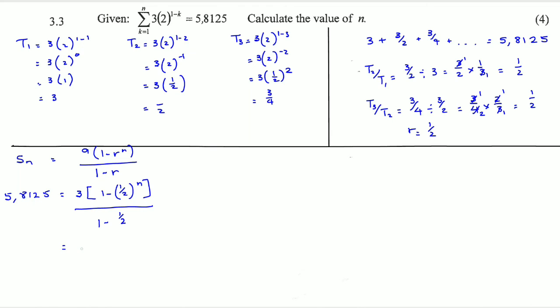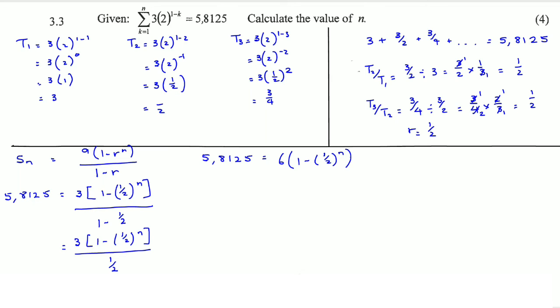That's equal to 3 times 1 minus a half to the n over half. Let's continue on the right. 5,8125 is equal to 6 times 1 minus half to the n.